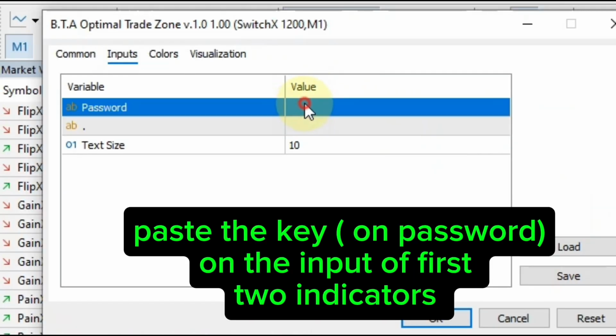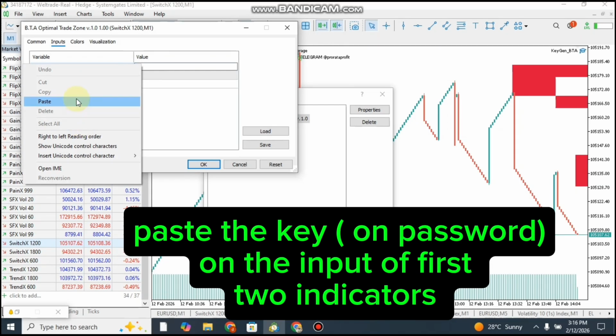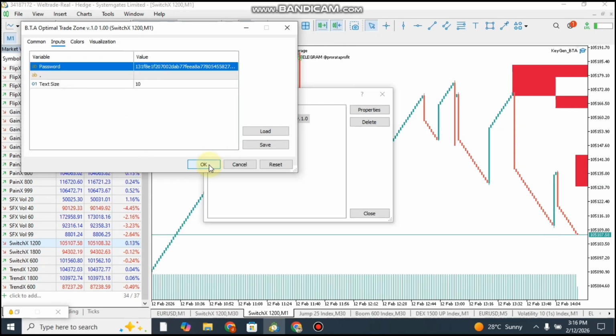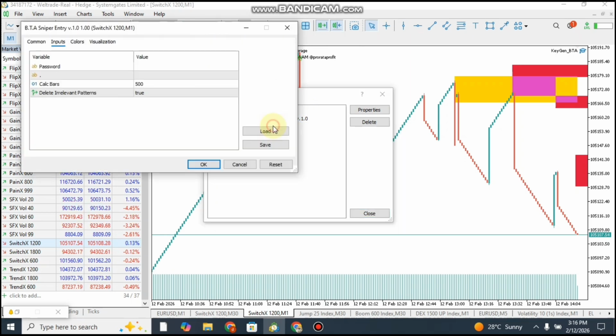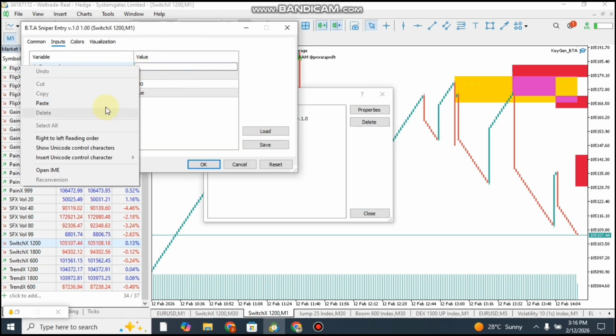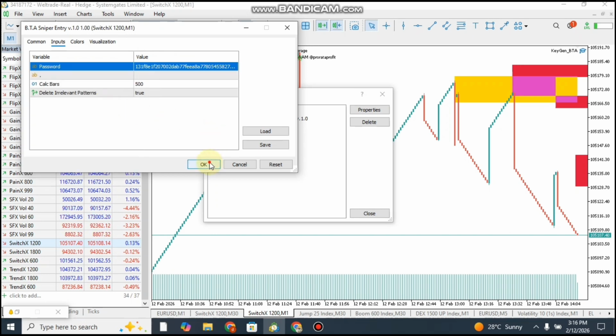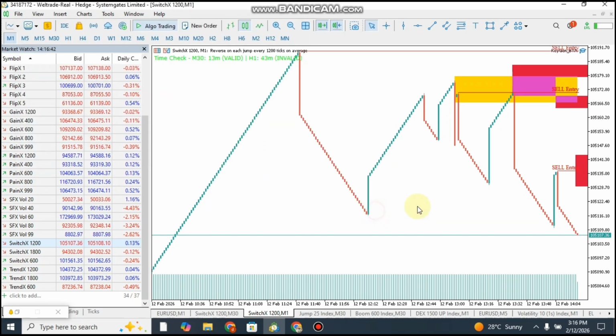Very simple. I hope I'm not confusing you. Then take the password or the key and paste it on the input of the first and second indicator. Inside the settings, inputs, you put the key in the password box.